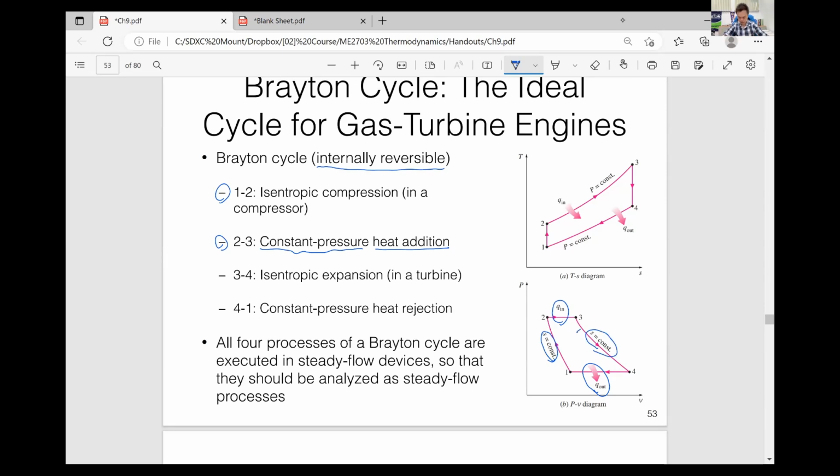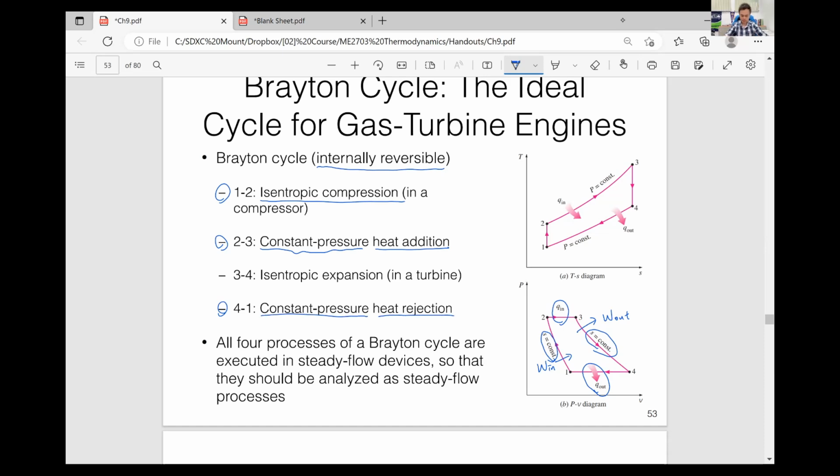This is to produce the work out, right? And isentropic compression is work in. It's compression, so there's a work in. Then finally, constant pressure heat rejection process.